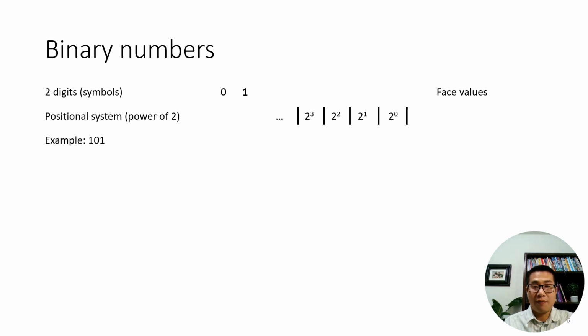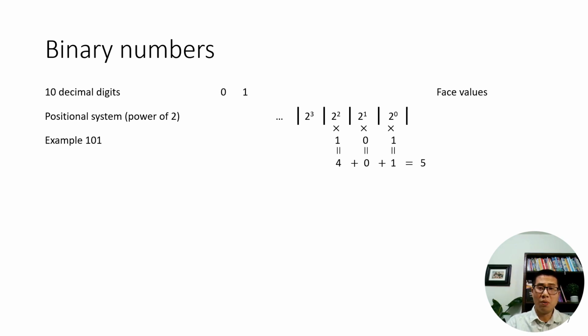For example, if we have 101, it is going to have its face values in 3 columns like this, 1, 0, and 1. But to find its actual value, we need to take its face values and multiply them with the position values and add them up. So 1 times 2 power 0 is 1, 0 times 2 power 1 is 0, and 1 times 2 power 2 is 4. Then we add this up, and it's going to produce 5.